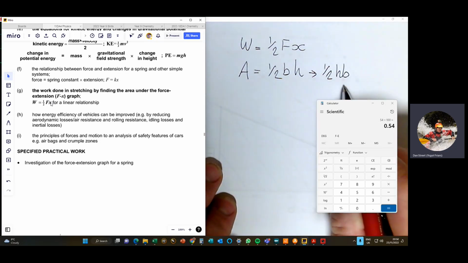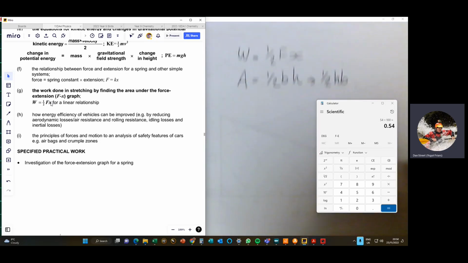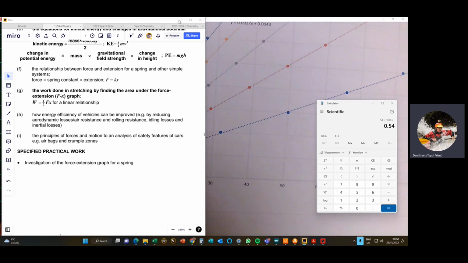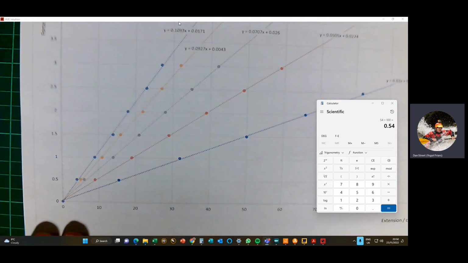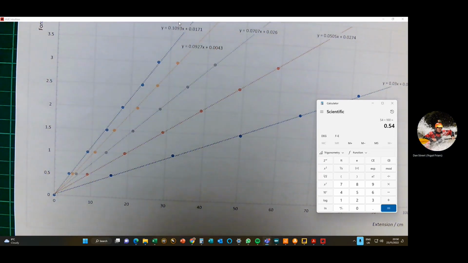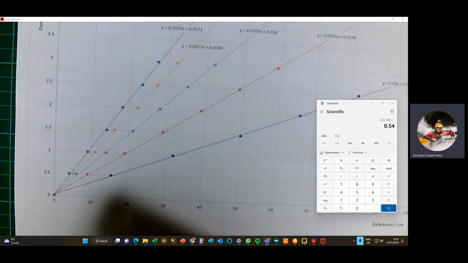And the reason I've done that is because I want to now compare that to our graph. So I'll just move this out of the way for a second. So this is our graph that we've previously been working on, finding the force using the extension, sorry, the gradient rather, the spring constant.